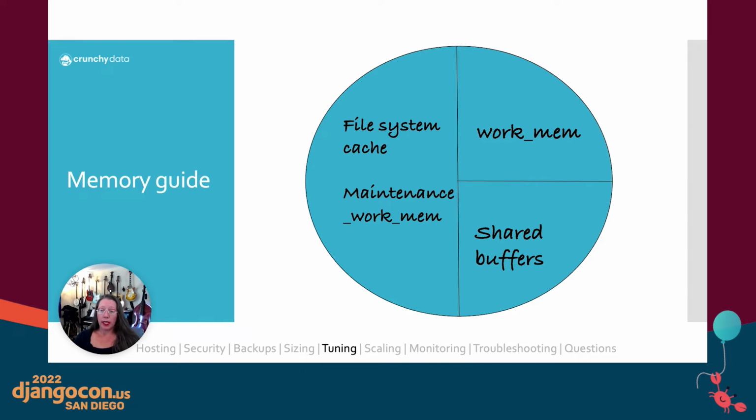If you read data from a table or index, it will be read into the shared buffers first. Working memory is private memory allocated to individual Postgres backends, so individual connections that are querying and storing data. As a general rule, you'll have the working memory as a quarter of your memory, shared buffers as a quarter, and then the other half will be used for maintenance tasks.